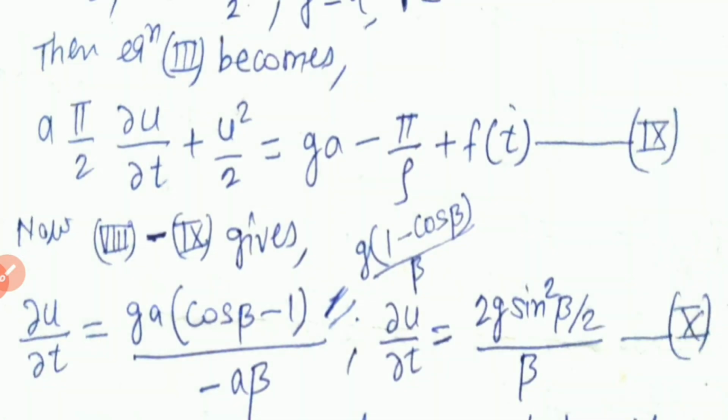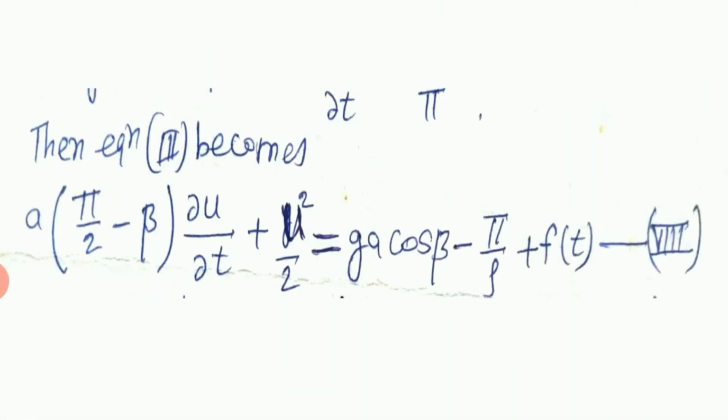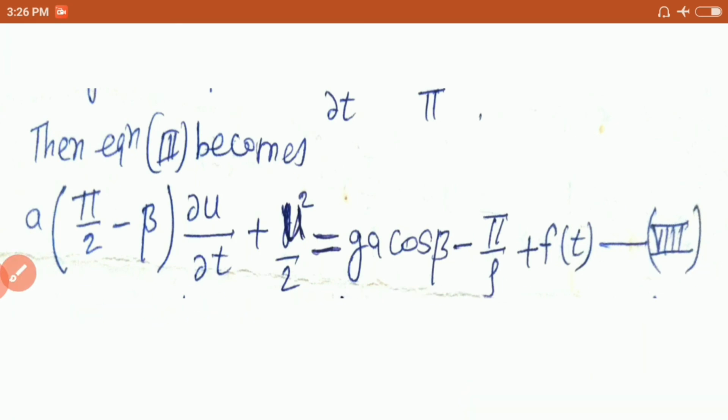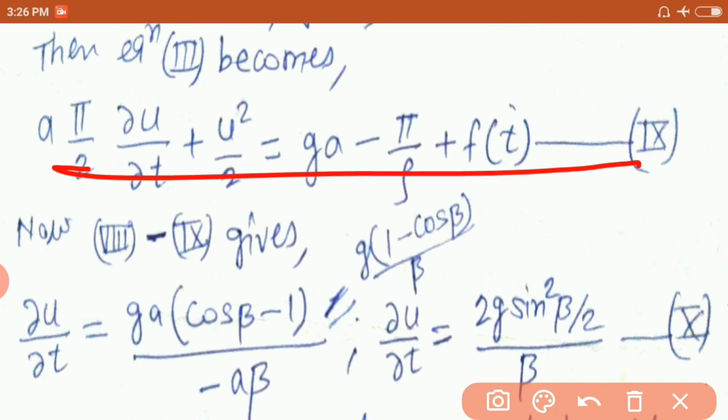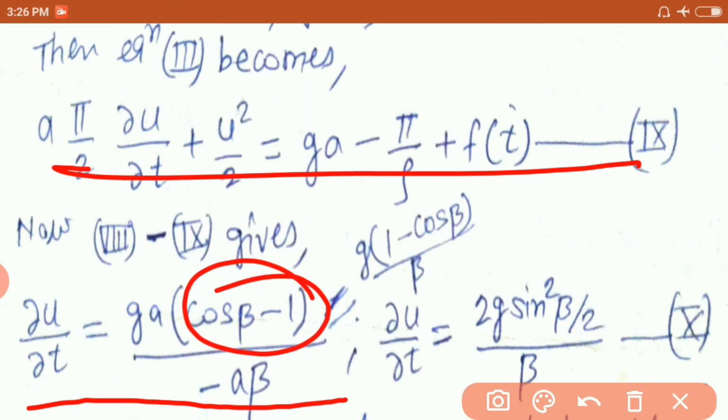After a small calculation, we get dou u by dou t is equal to g a cos beta minus 1 upon minus a beta. But we have cos beta minus 1 is minus 2 sin square beta by 2. So this can be written as 2g sin square beta by 2 upon beta. Suppose this is equation 10.